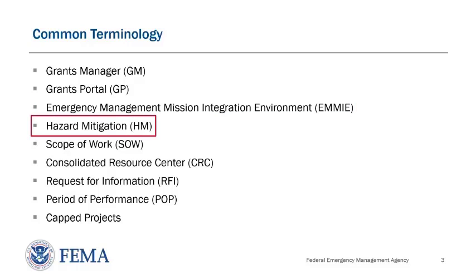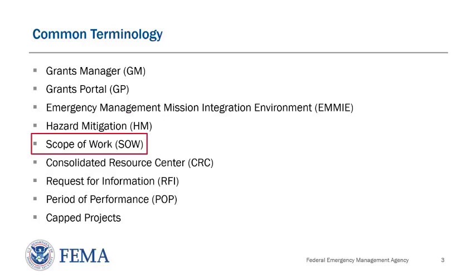Next is hazard mitigation, or HM. Hazard mitigation is any sustained action taken to reduce or eliminate long-term risk to people and property from natural hazards and their effects. FEMA has the authority to provide PA funding for cost-effective hazard mitigation measures for facilities damaged by the incident.